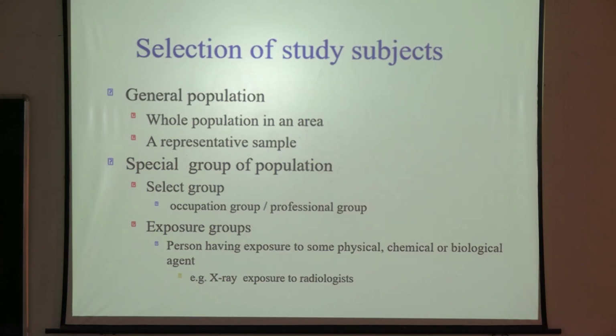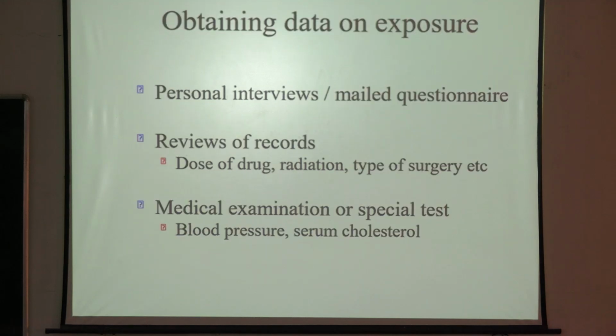For example, X-ray exposure in radiologists. Many radiologists suffer from cancer in later life because of exposure to X-rays. Obtaining data on exposure: personal interviews, email, mail questionnaire, review of records, dose of drug, radiation, type of surgery, medical examination, special tests like blood pressure, cholesterol, etc.